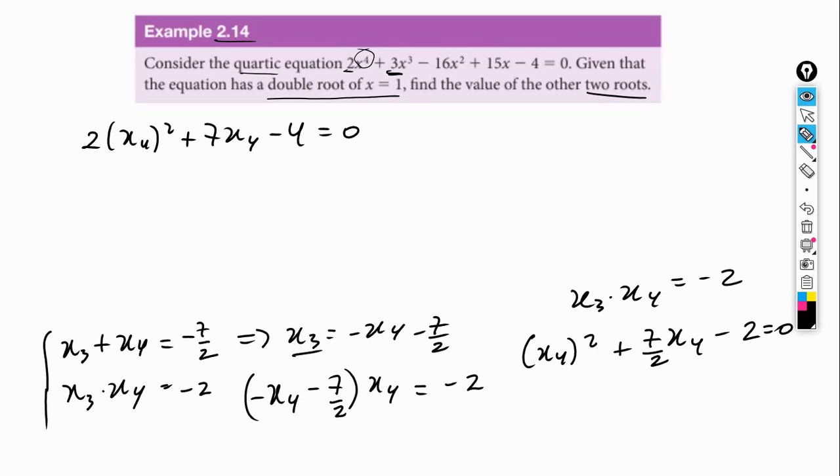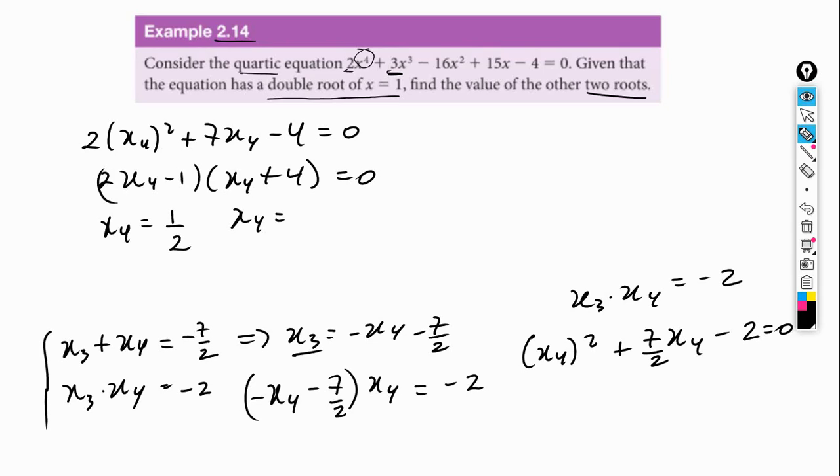Now this is easy to factorize because it's just going to be 2x4 minus 1 times x4 plus 4. So that means that we have two solutions for x4. So x4 can either be 1/2 or x4 can be -4.